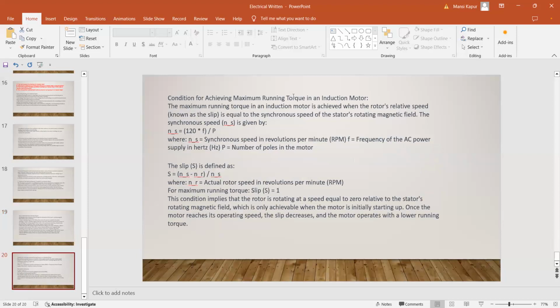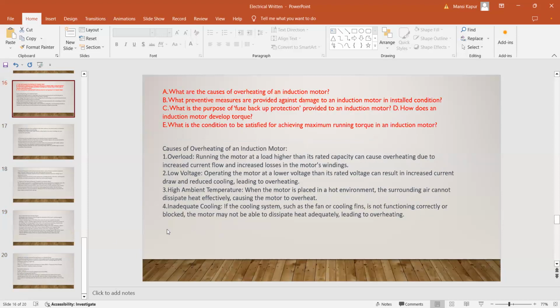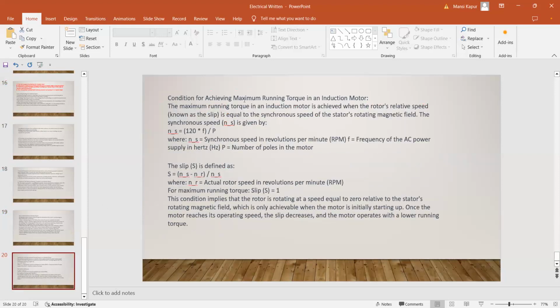Condition for achieving maximum running torque in an induction motor. So this is your last part of this question. What is the condition to be satisfied for achieving the maximum running torque? The maximum running torque in an induction motor is achieved when the rotor's relative speed is equal to the synchronous speed.